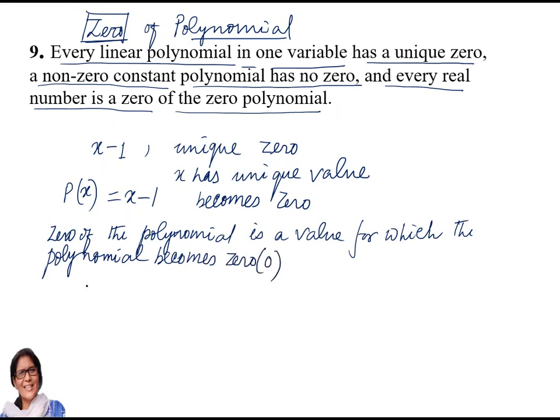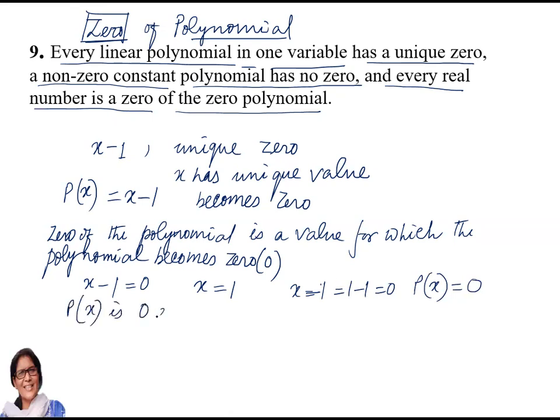For example, this x minus 1 will become 0 when x is 1. If I put x equal to 1, then I get x minus 1 is 1 minus 1 equal to 0. So this p(x), the polynomial, is becoming 0 at x equal to 1. So we say 1 is zero of polynomial p(x) equal to x minus 1.